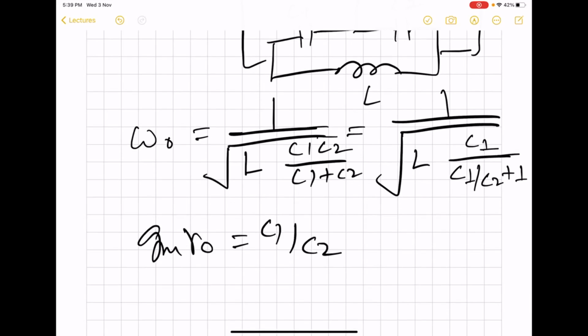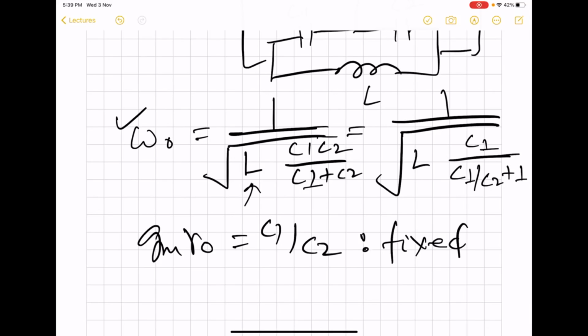So when we try to design this circuit, we will first have to choose the operating frequency. For that case, we will be choosing L, and then we will be choosing C1, C2. So this operating frequency gets determined. But once you have chosen C1 and C2, this also becomes fixed.